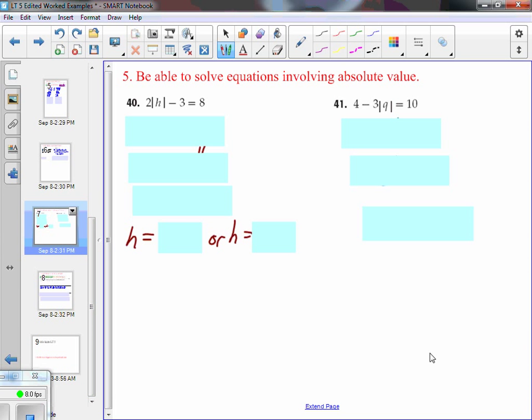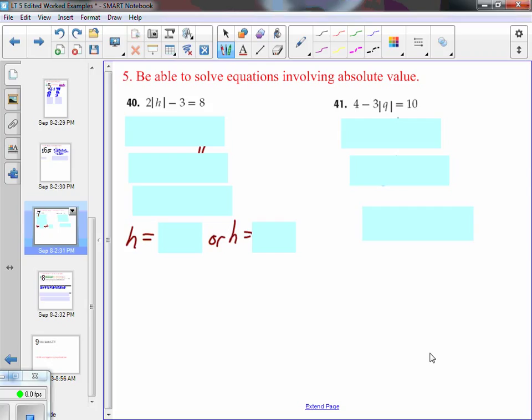All right. Now we're going to have to get that absolute value sign by itself first. So on number 40 here, don't mess with what's inside the absolute value sign yet. Don't say h equals -8 or h equals 8. We're not ready for that because we don't have the absolute value of h equal to some number.